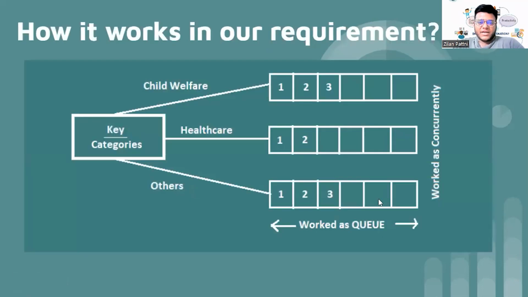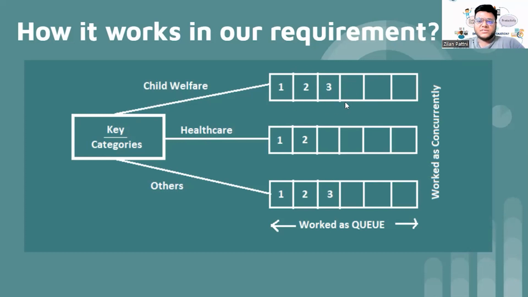Here you can see in the diagram, let's say we have set up the category as a key. Child welfare is a category, and healthcare is another category. If 3 or multiple users are donating at the same time in child welfare, it will work in a queue manner.